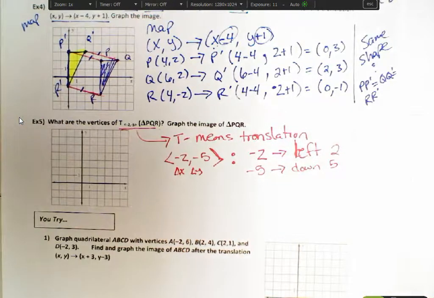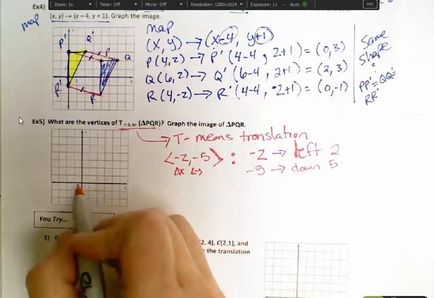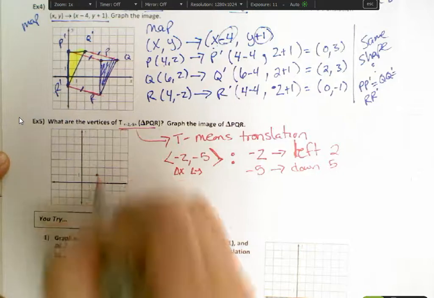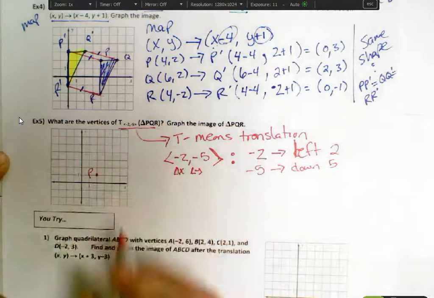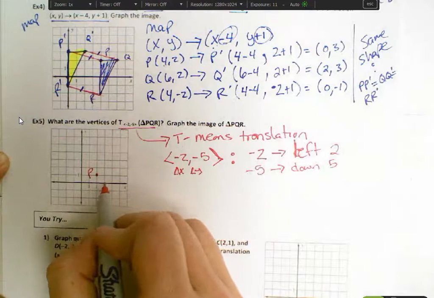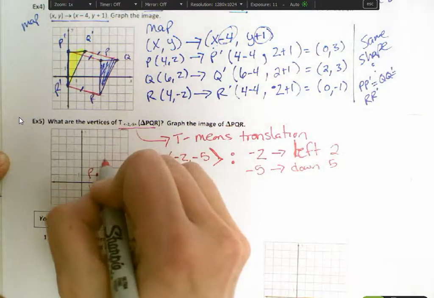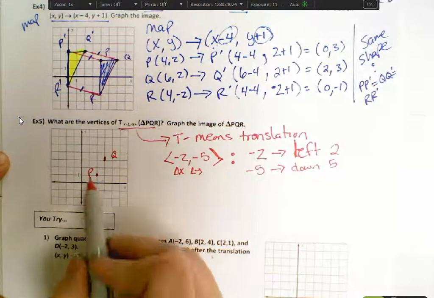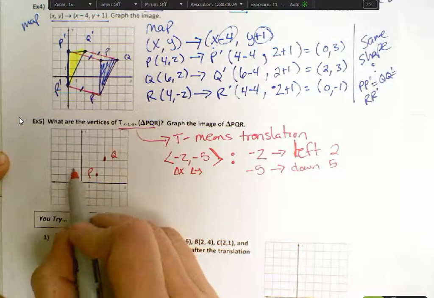So if I were to give you an original triangle at, so let's call it 2, 1, 1, 2, 1. Call that P. Then 3, 3, 1, 2, 3, 1, 2, 3. That's Q. And let's say R is at -1, 1, 2, 3.